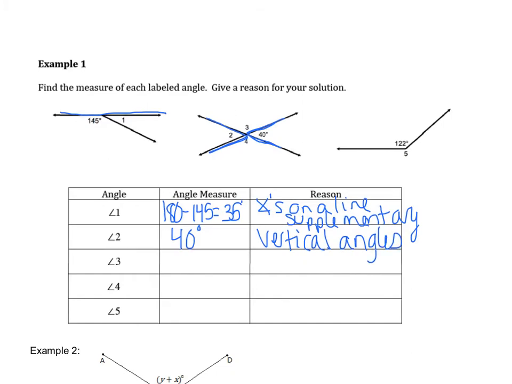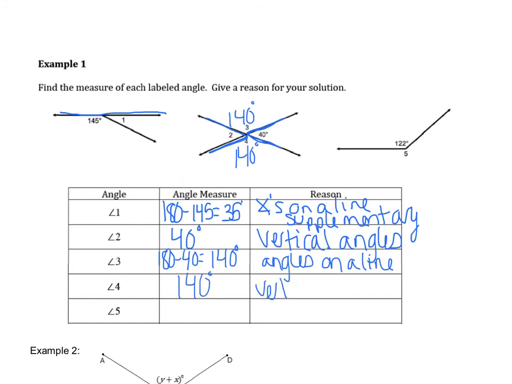For angle 3, there's a few different ways. We're given that 40, there's a straight line, so we know it's 180 minus 40, which is 140 degrees, and we're going to say angles on a line. Angle 4 then, if this is 140 degrees, we know angle 4 is vertical to angle 3, so it's also 140 degrees, so we're going to say vertical to angle 3.